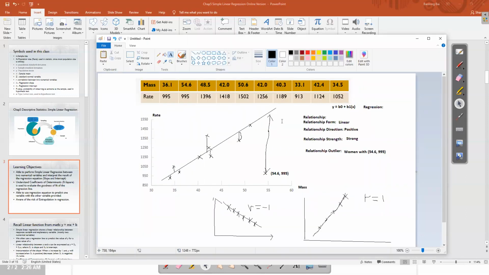So there will be some deviations. So here we use a measure to see how well the line fits the data. How well does it explain all the variations in the data, right? So how well does it fit?